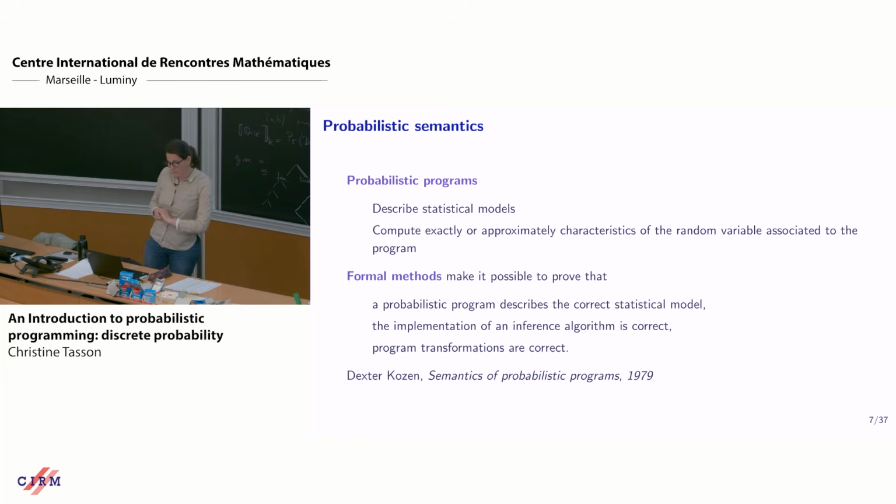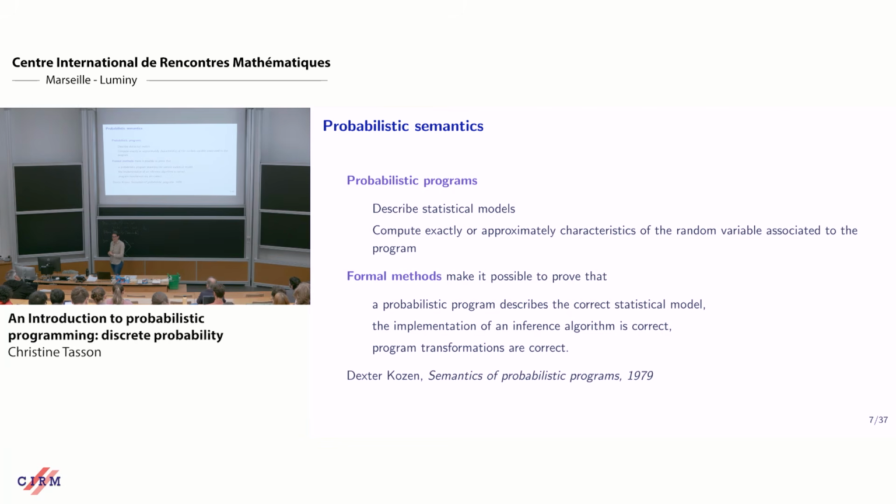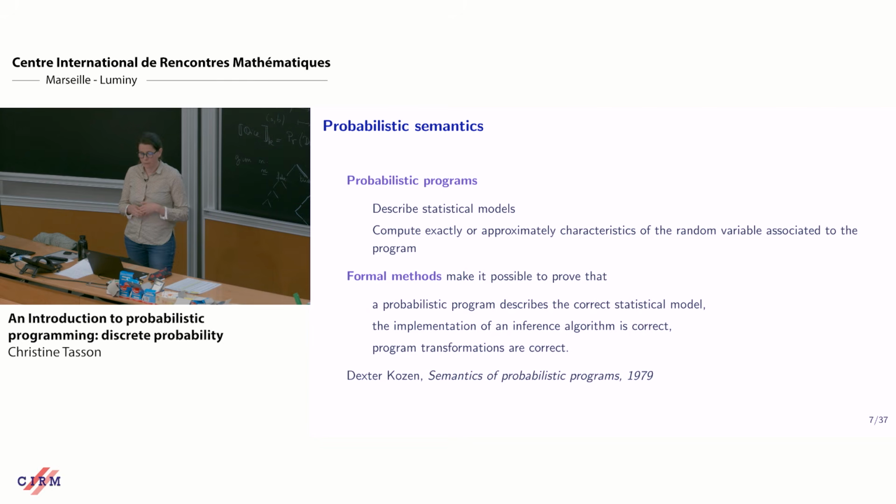And probabilistic programs denote or describe statistical models. That's just what we've seen. And we want to compute either exactly or approximately the characteristics of the random variable that is simulated by the program.